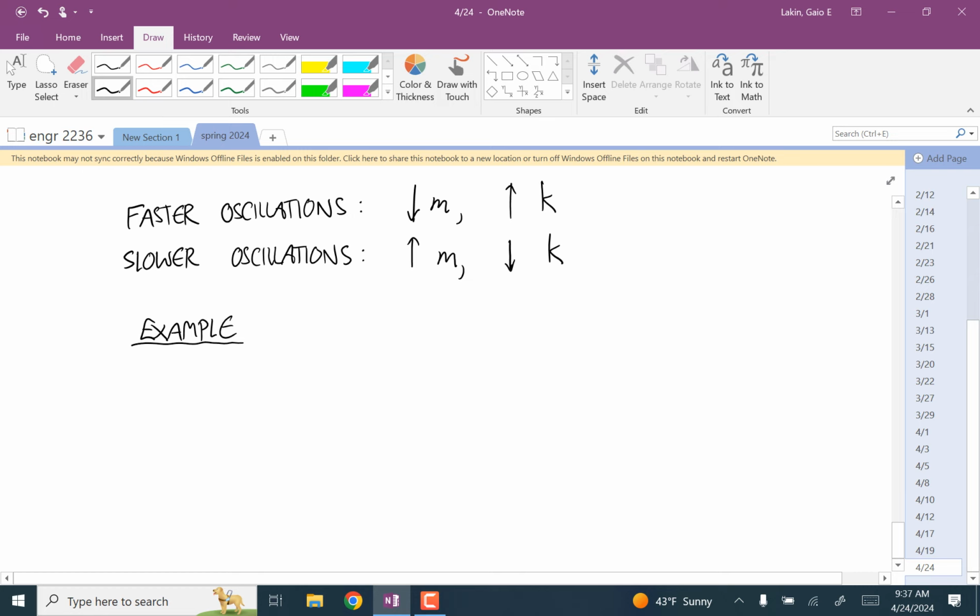In this example, I'm going to orient the spring vertically, so there's no wheels or anything. I'm going to say this is 1.5 kilograms.